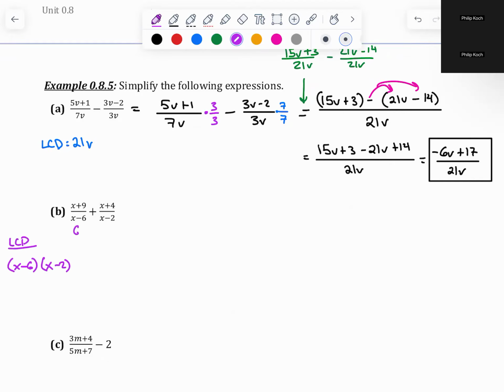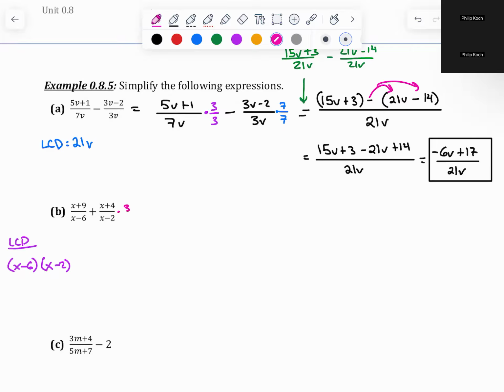If it was 6x, then the LCD would be 6. But it's not. It's x minus 6. That is a factor in itself. You just multiply it by 3 and then that's how you would get the least common denominator? I'm glad you asked that, because what would happen if we multiplied by 3?